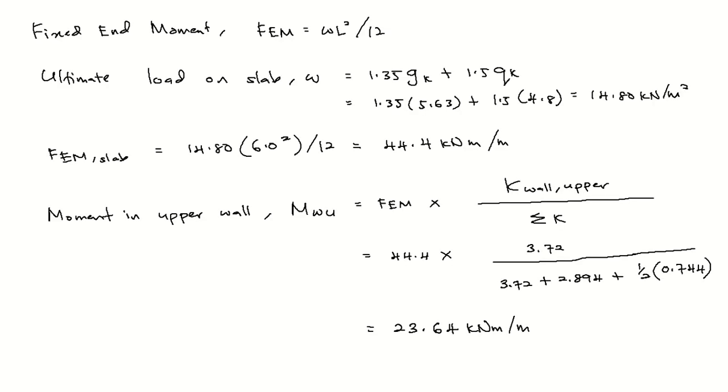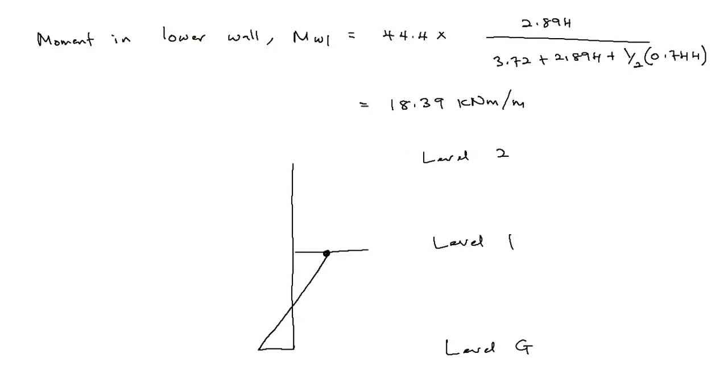And the 23.64 moment in upper wall is not at level 2, but still at level 1 here, which is connected to the upper wall. So here is 23.64, here is 18.39. This is how we get the moment for level 1 or a certain level.